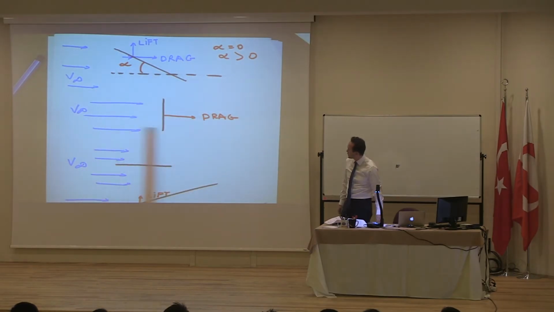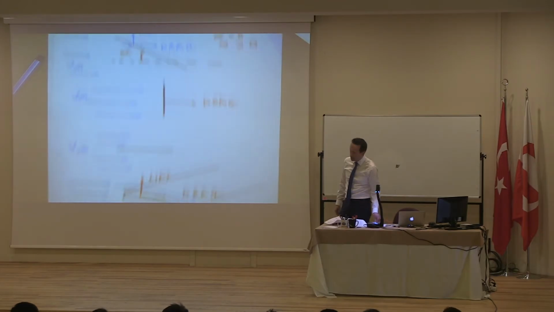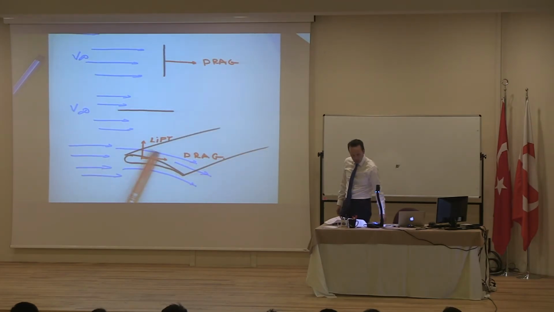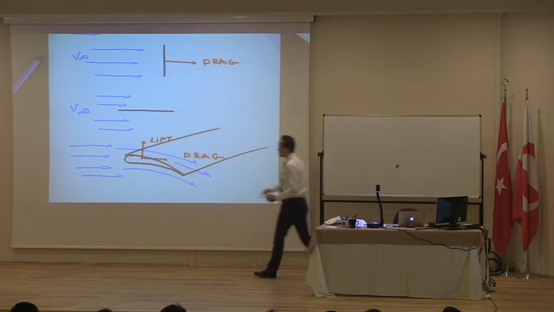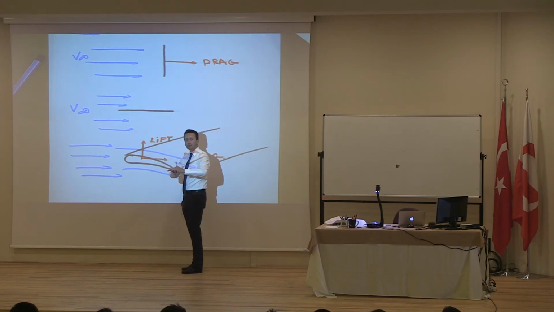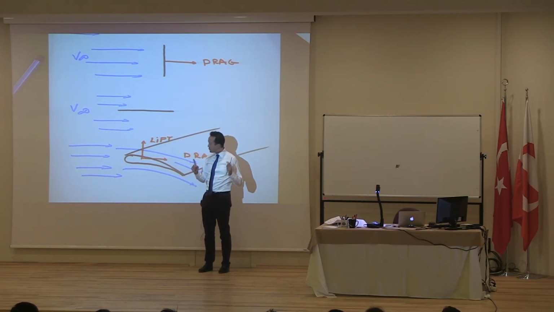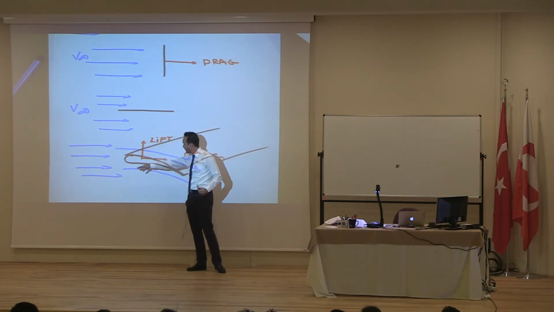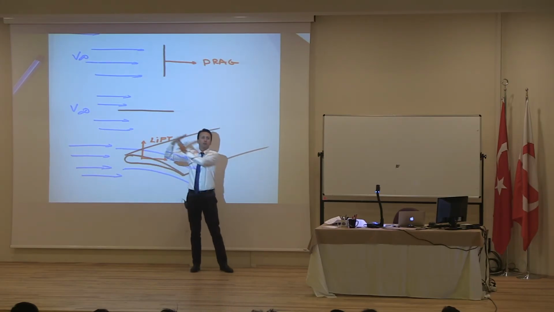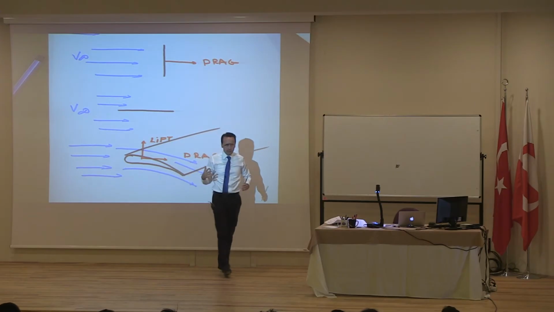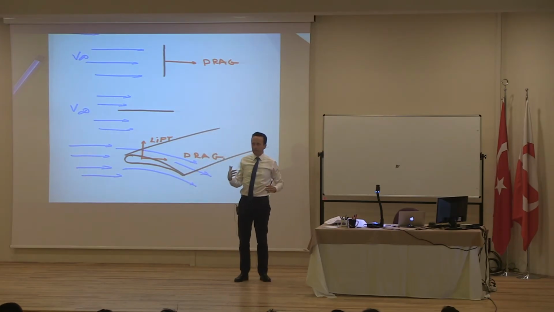And here it pushes it all the way backwards, and it's a similar thing, but very subtle. It's also pushing it backwards. But another reason is also because the surface of a wing has friction. So that will also push you back. But it's not only the friction, it's also the fact that you are at a certain angle and these air particles will hit this airfoil and push you backwards. That's what we call drag.